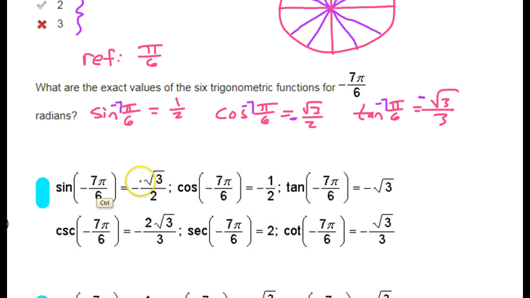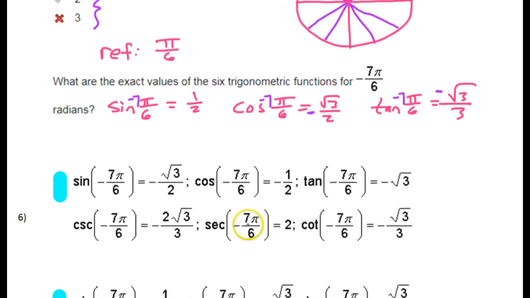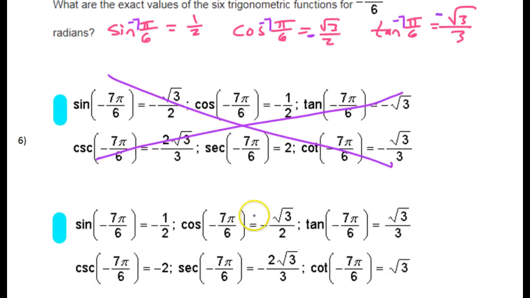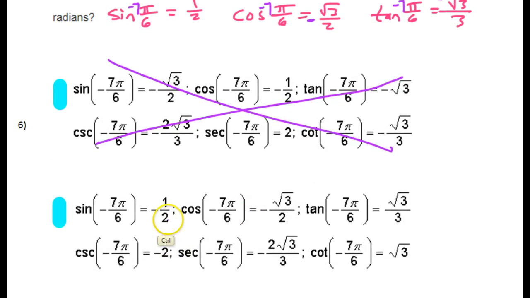So let's start by looking at the first row and seeing if everything is right. As soon as I see something that's wrong, I'm going to cross it out. So sine is negative radical 3 over 2. No, it should be 1/2. So that means this is not the answer. Here we have sine is negative 1/2.